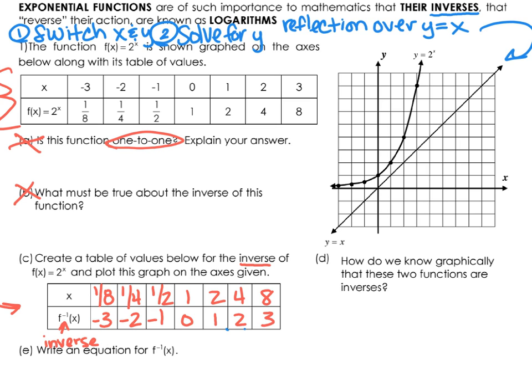I'm going to do a smaller dot because I have a feeling that I'm going to be getting closer to the y-axis this time instead of the x-axis. 1/4 and -2. 1/2 and -1. 1, 0. 2, 1. 4, 2. 8, 3.